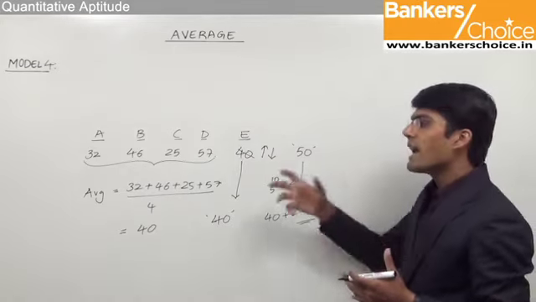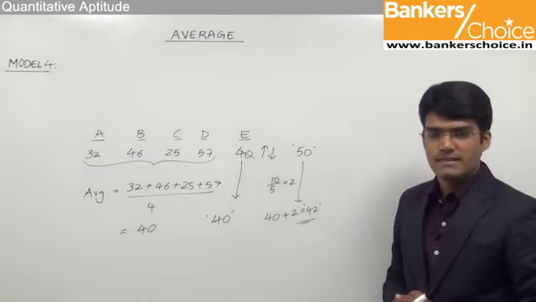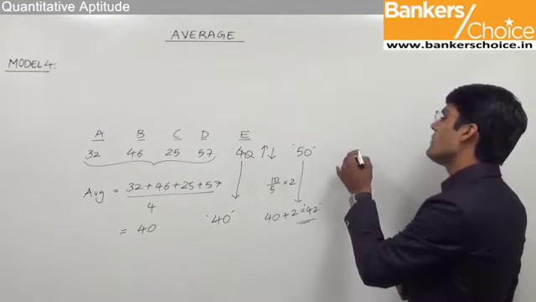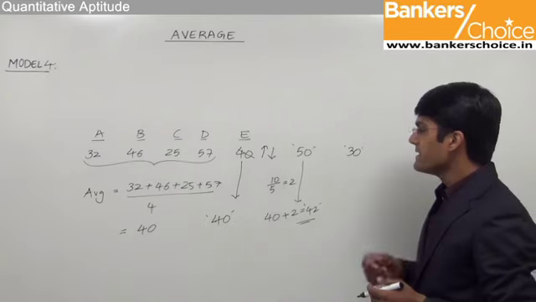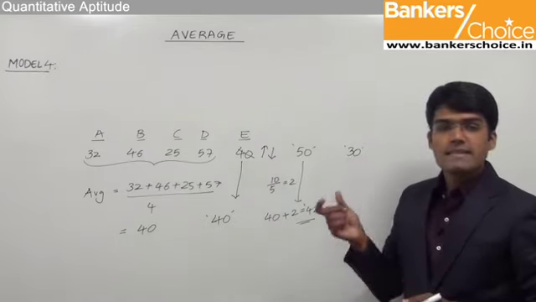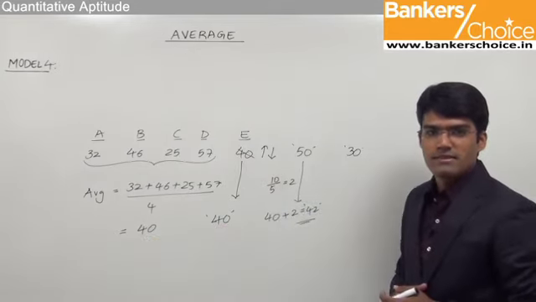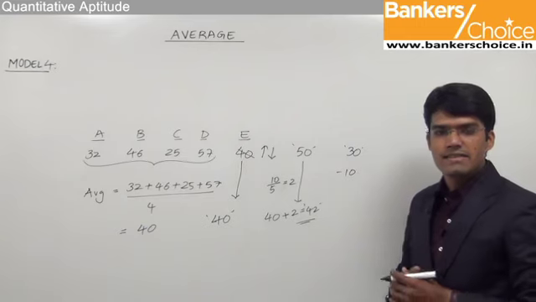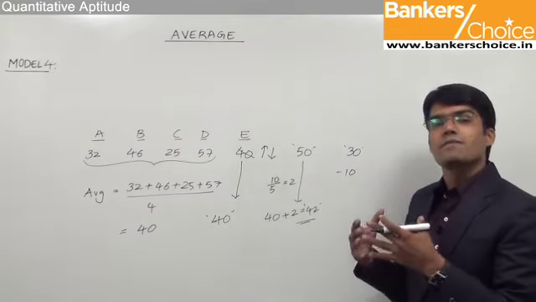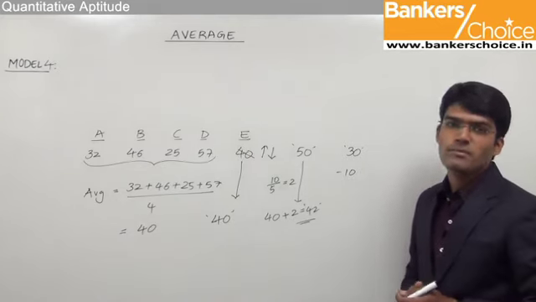Similarly, we can find out the average of the group when the weight of E is less than 40 kgs. Let us assume the weight of E is only 30 kgs. Now as you can see here, E's weight is 10 kgs less than the actual average of the 4 persons. So we can say that we have got minus 10 kgs extra. That is, instead of saying we have got 10 kgs less, we are saying we have got minus 10 kgs more.